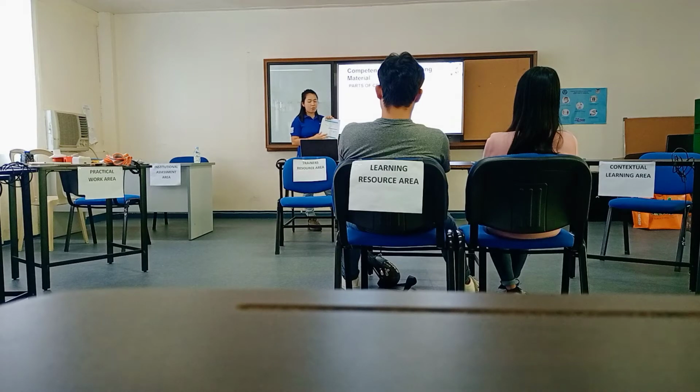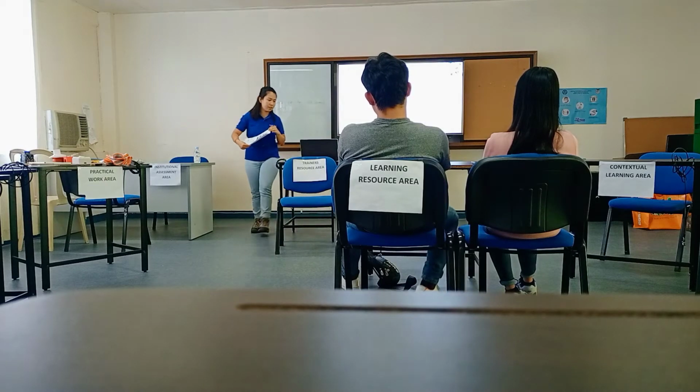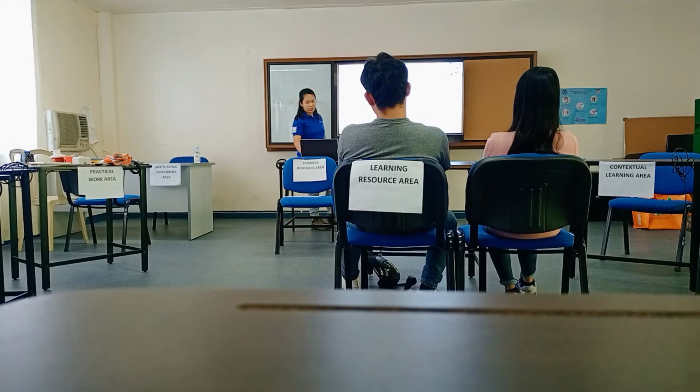And the next is the job sheet, which is composed of multiple tasks and guidelines and procedures on how to perform the particular tasks. And all of this will be rated or evaluated by using the performance criteria checklist. Okay, are we clear with the competency-based learning materials? Yes, ma'am. Okay.